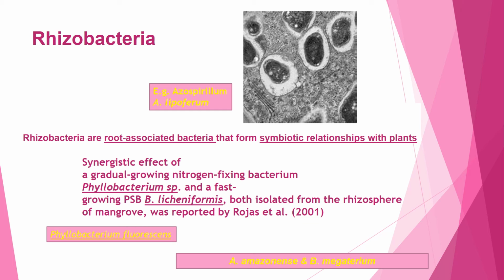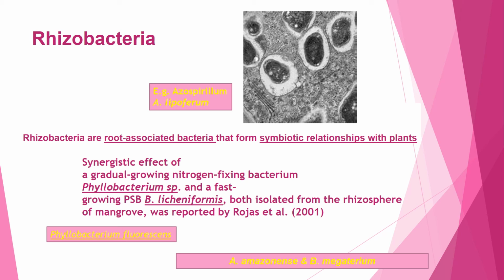So as long as we see rhizo, this is a root associated bacteria that forms a symbiotic relationship with the plant. So in the exam, you must be able to elaborate what kind of synergistic effect the bacteria and plant have.